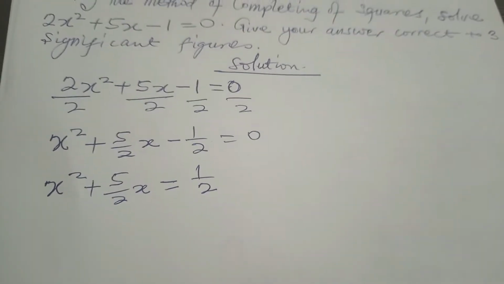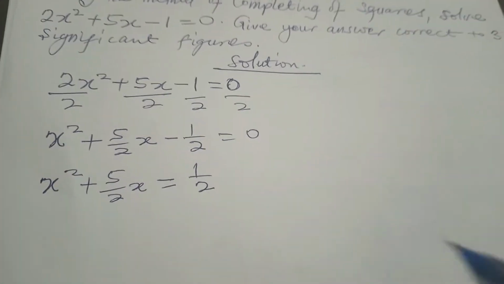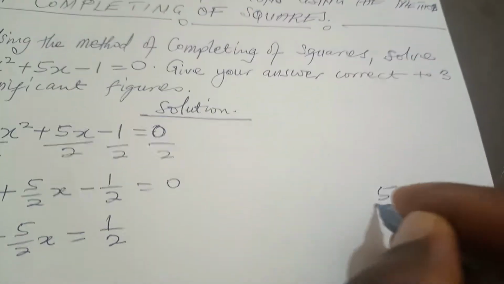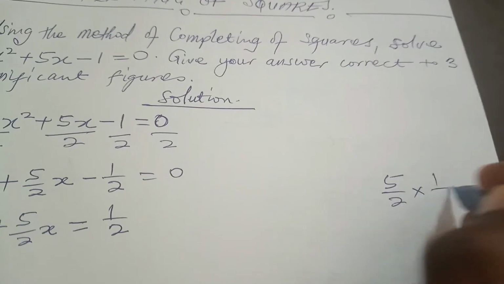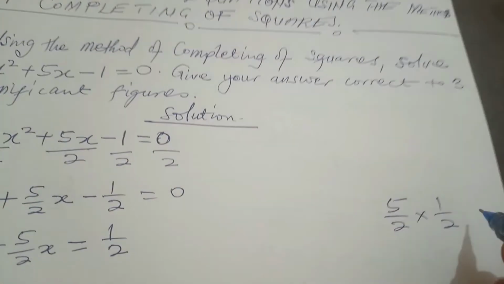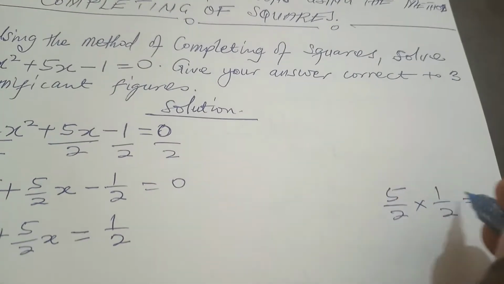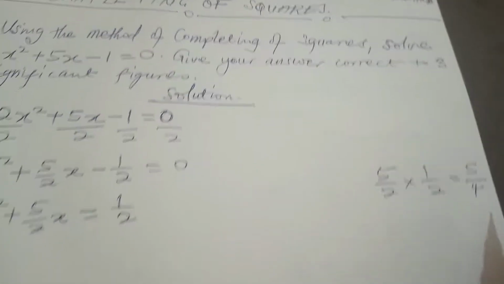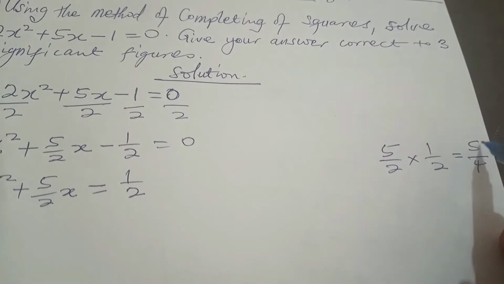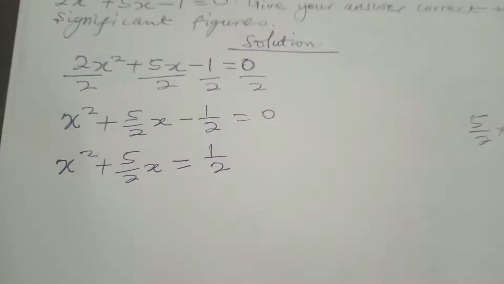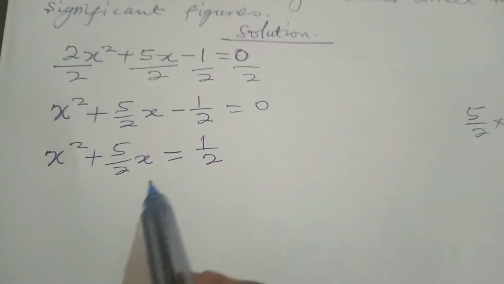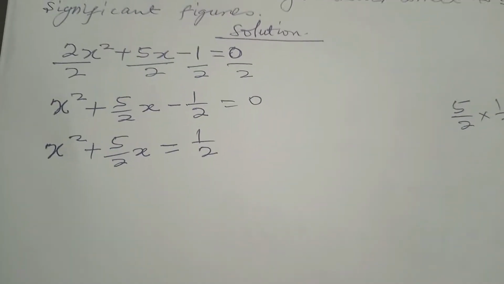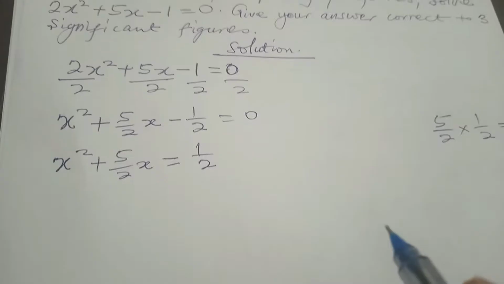And again, like I said in the previous video, to find half of this is just by multiplying 5 over 2 by 1/2, and that will give us 5 over 4. And now we are going to add the square of this to both sides, because whatever we do to the left hand side, we must do the same thing to the right hand side so that we don't change the value of our equation.